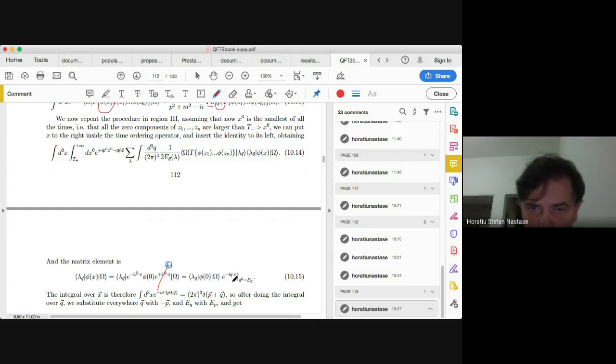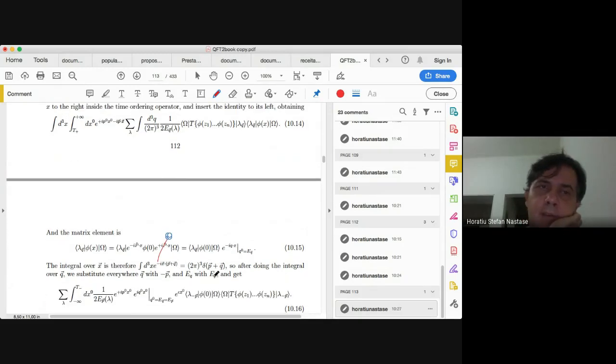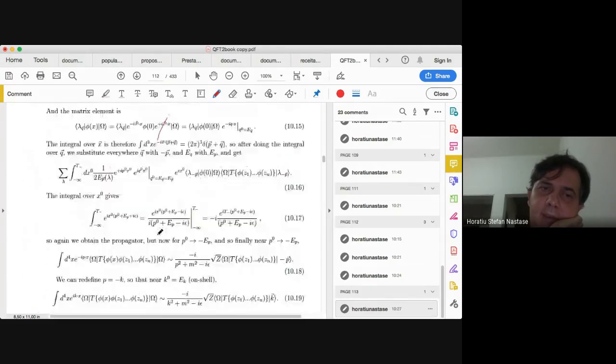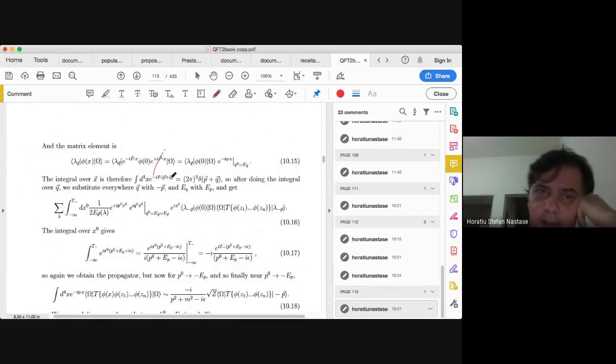So we get this number e to the minus iqx, where again q0 is equal to eq, and we've turned this matrix element into the matrix element with phi of 0. And again, I repeat the same thing as here. The integral over x now gives a different factor: the factor in here is e to the minus iq dot x instead of plus.